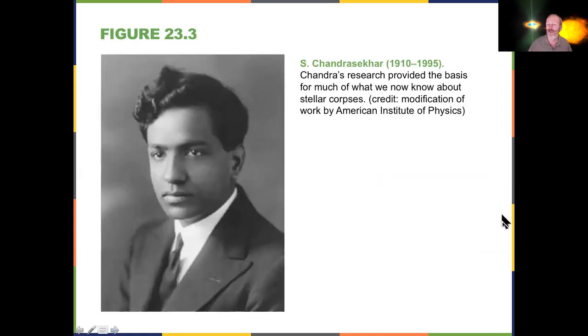One of the persons who's perhaps most notable in the 20th century for figuring out the astrophysics of all of this is a guy named Chandrasekhar. He spent almost all of his academic and professional life at the University of Chicago, so not too far from us. Notice the dates of his life there.